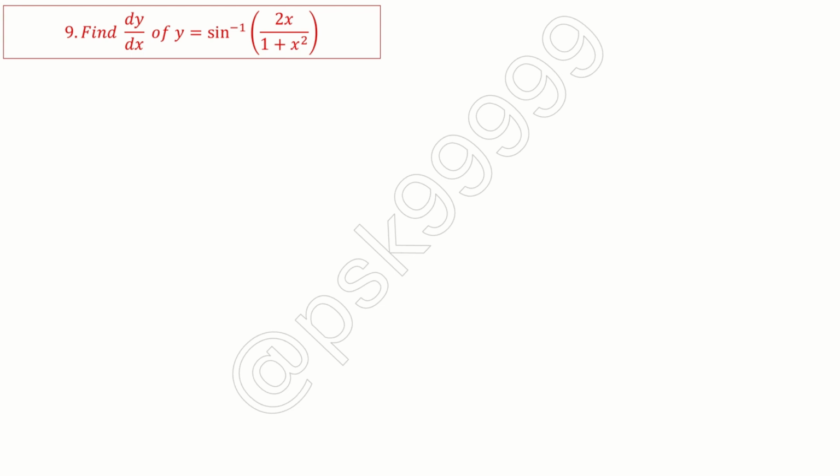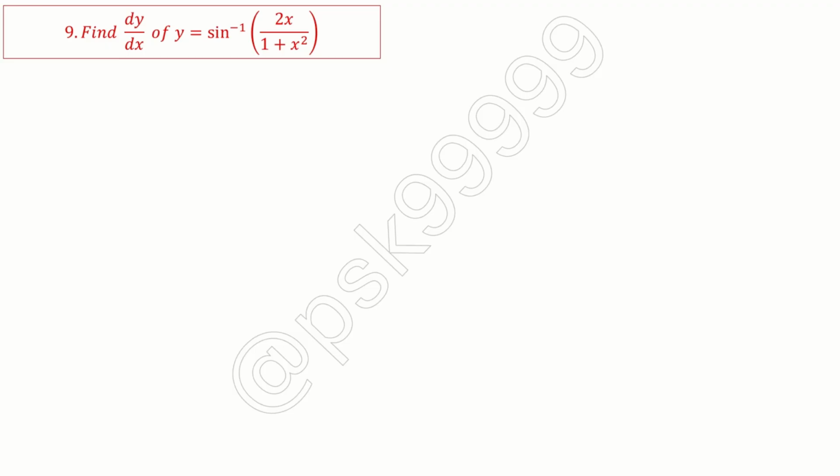An easier way is, whenever you see this 2x by 1 plus x square in trigonometric form, something should strike you. If x equal to tan theta, this is nothing but sine 2 theta. This is the sine 2 theta definition in terms of trigonometry.